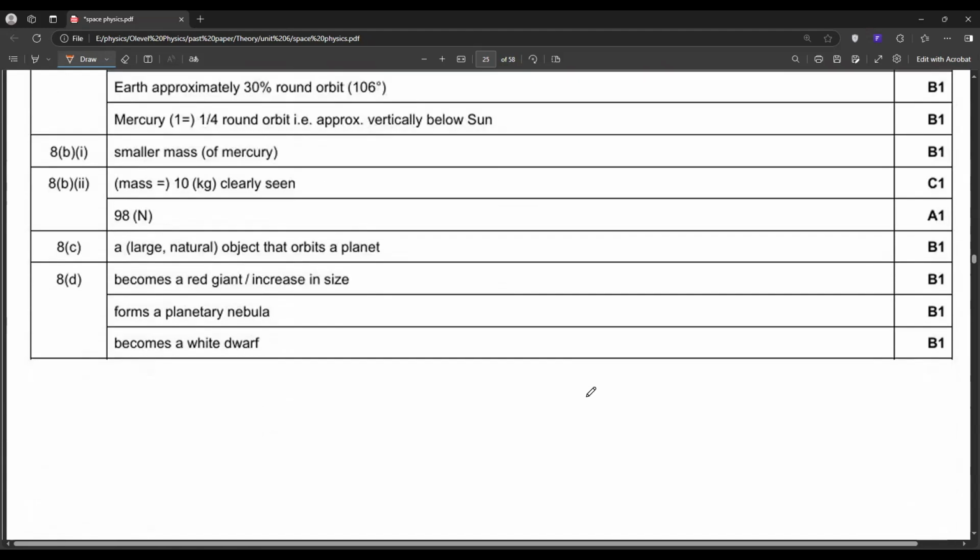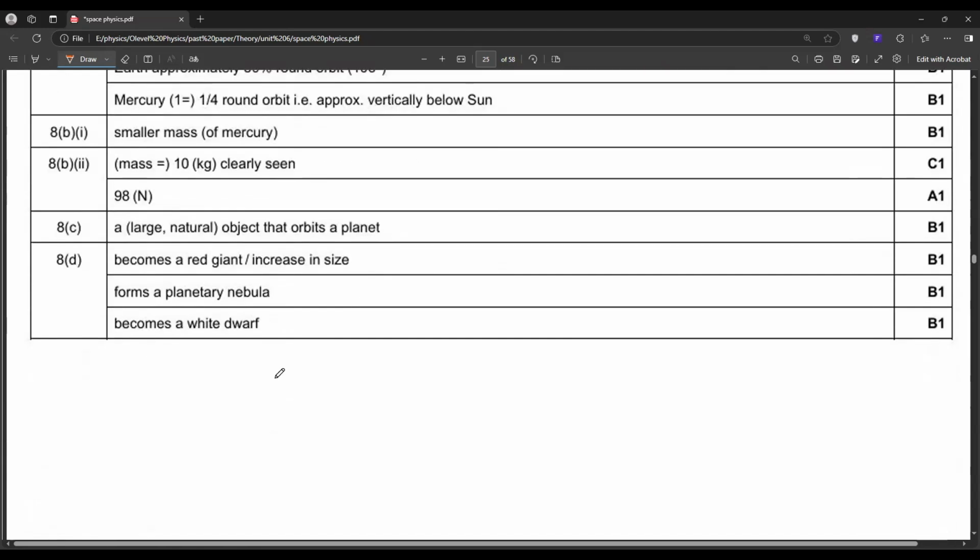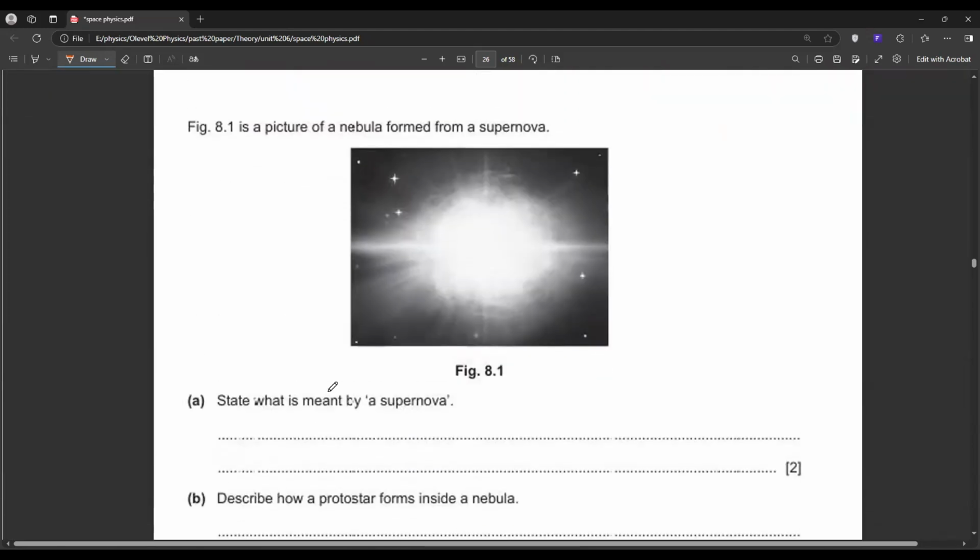Let's see the marking scheme as well. Figure 8.1 is a picture of a nebula formed from a supernova. Very good. State what is meant by a supernova.